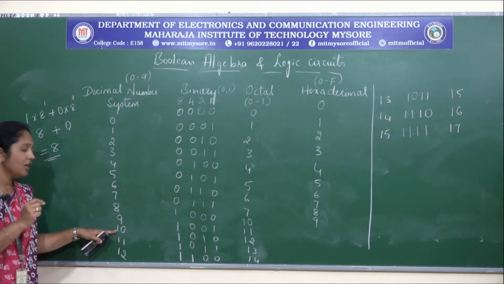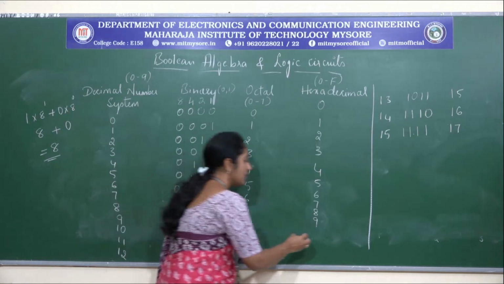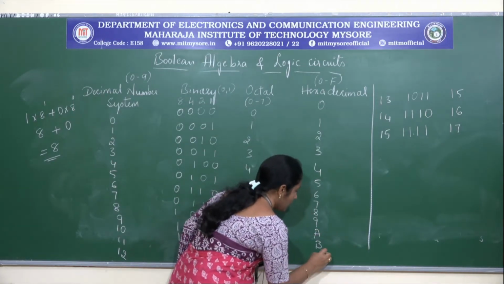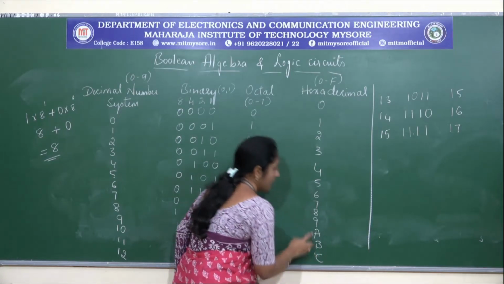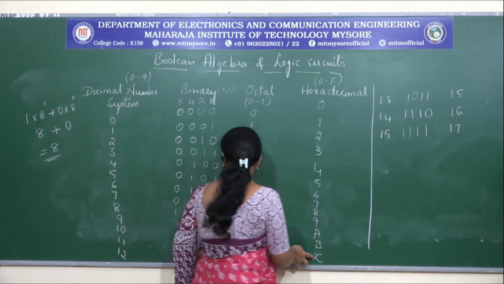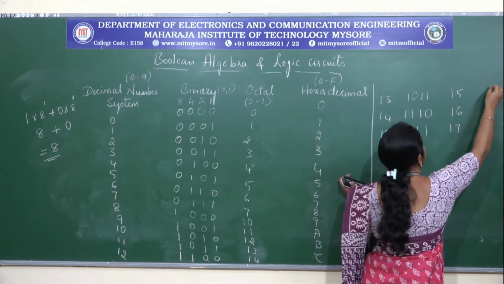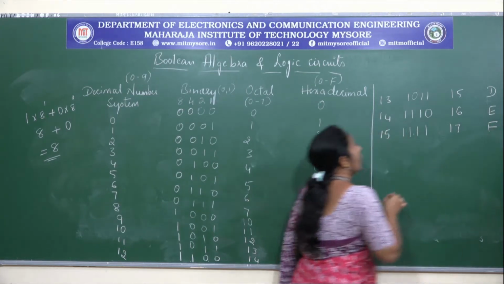We will not be writing 10, we will be writing capital A instead of 10. So A, B, C, up to 12 we need to write: 10 is A, 11 is B, 12 is C. And how do we represent 13? D, 14 is E, 15 is F.